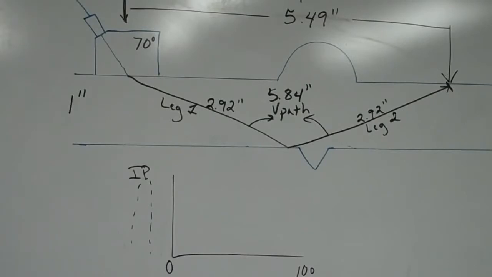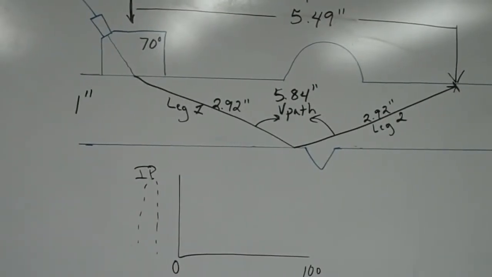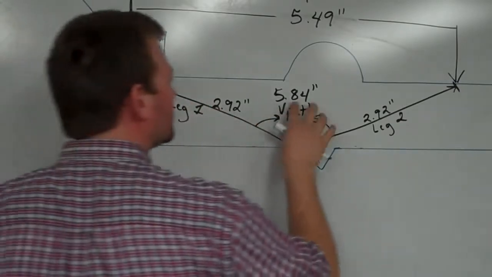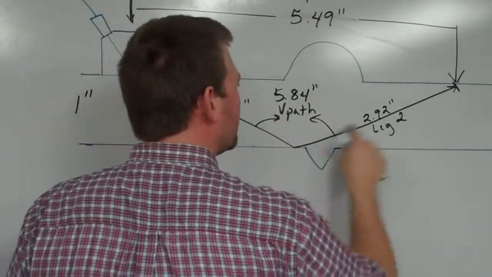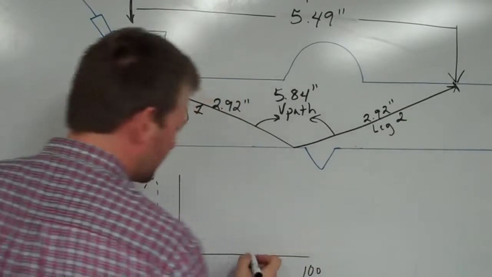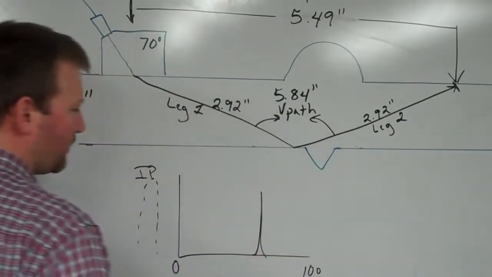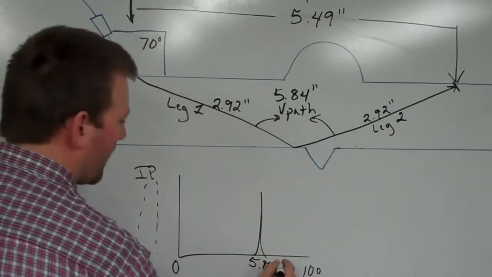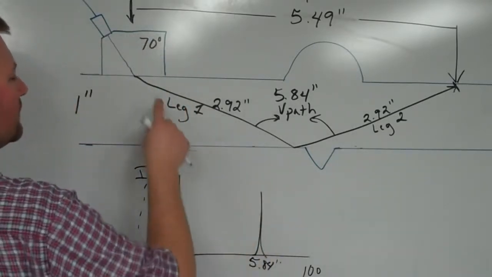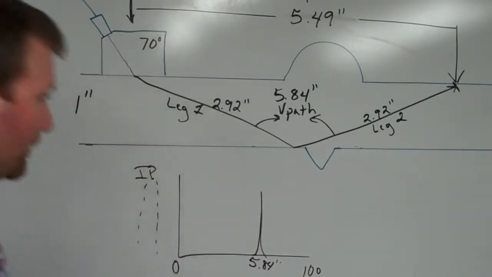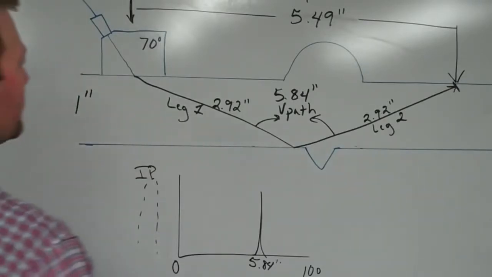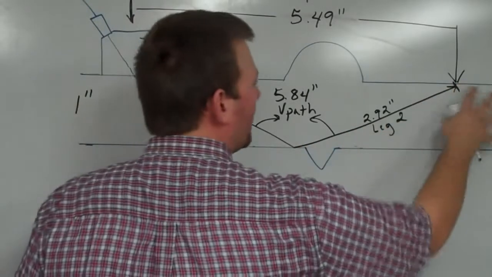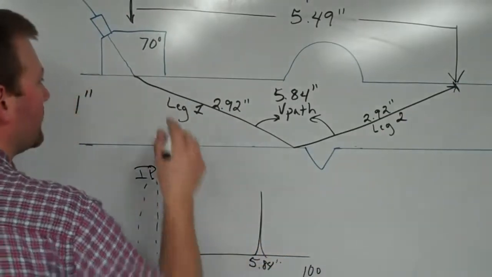So you have your 1 inch plate, and if it so happened that at 5.84 inches at the end of this V-path there was a reflector, you would see a signal somewhere over here at 5.84. More than likely, when you're doing your shear wave inspections, there's not going to be many defects out here in the plate, but it can happen.